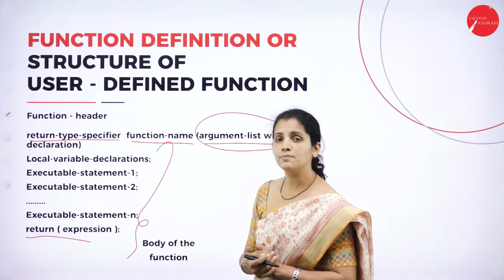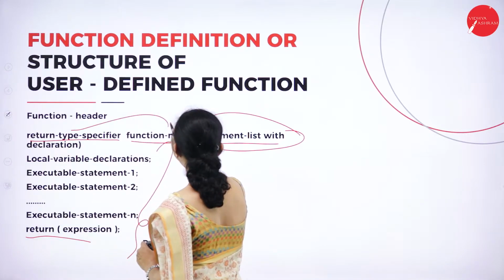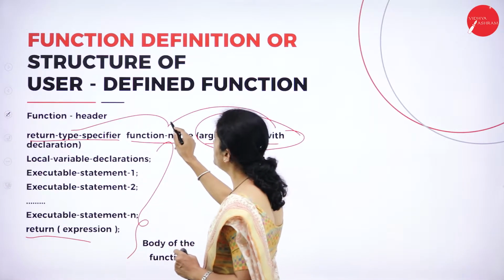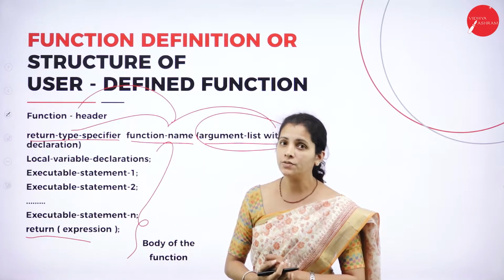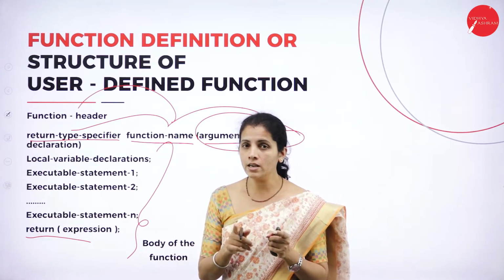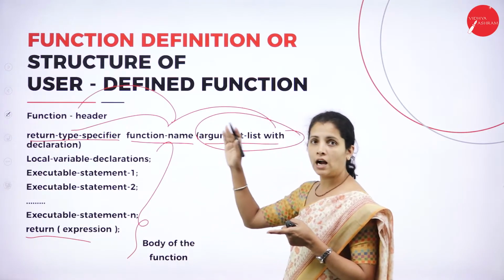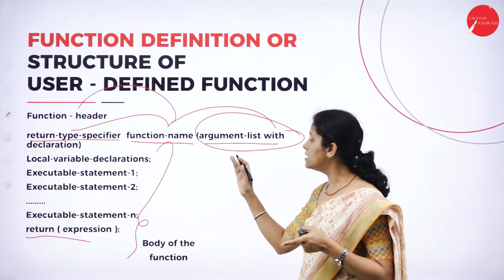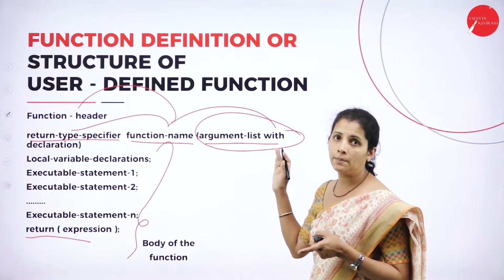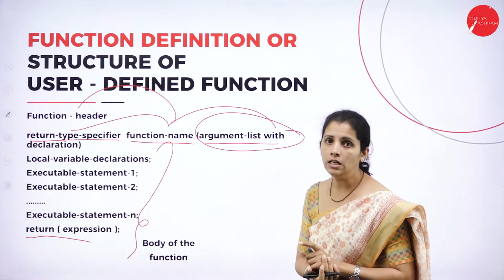The return type, function name, as well as arguments together are called the function header. So what is the function header? The function header includes the return type along with the function name and the argument list. Here, arguments are nothing but the variables or parameter list.